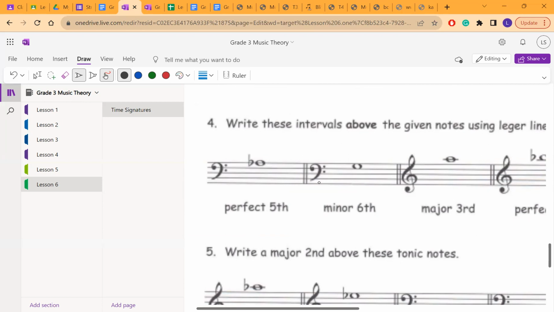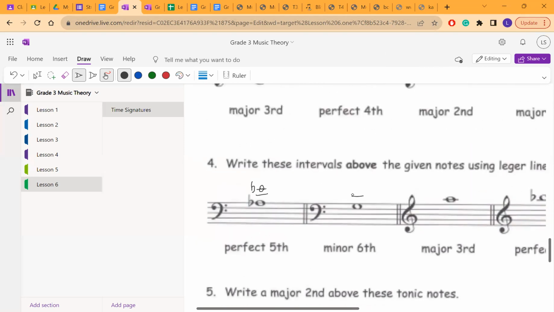Write these intervals above the given notes. Minor sixth. G to E flat again. Major third, you need a good amount of ledger lines for this.